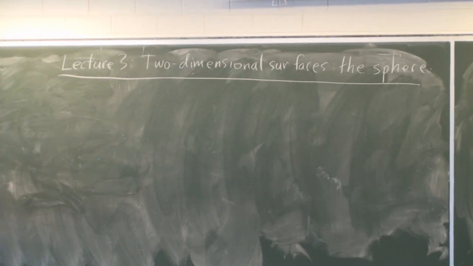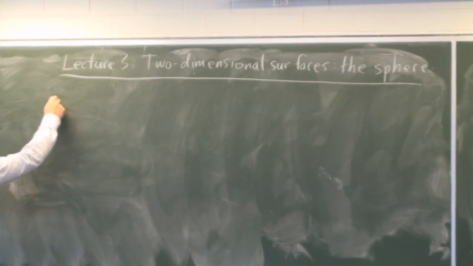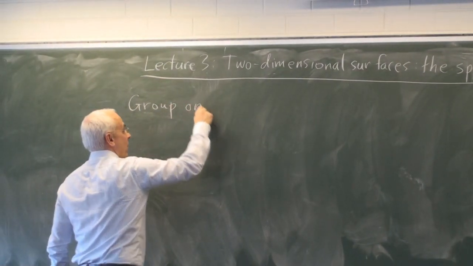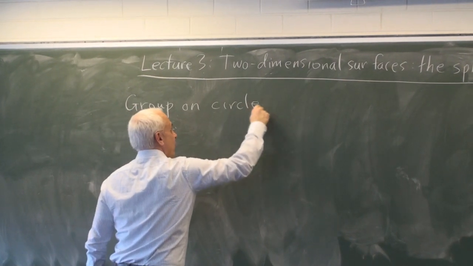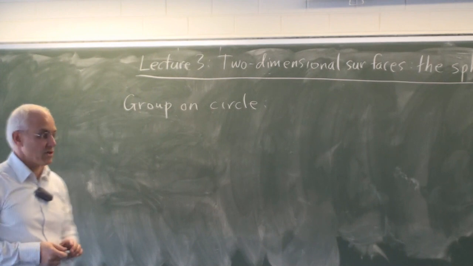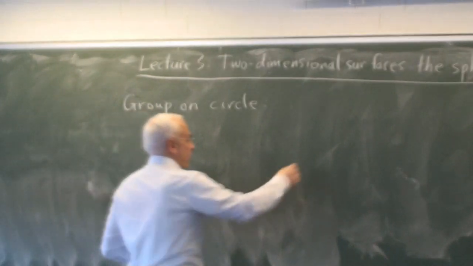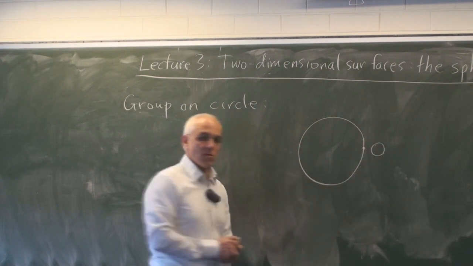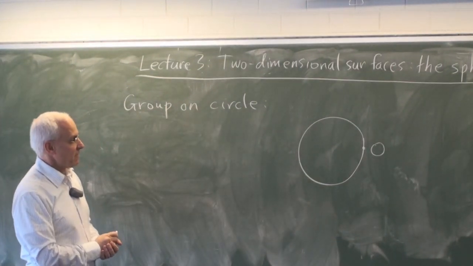All right, so one thing that we can do with the group structure on the circle is we can use it to define those maps that wrap around the circle. So here's a circle, and there's our origin, which is the identity for this group.